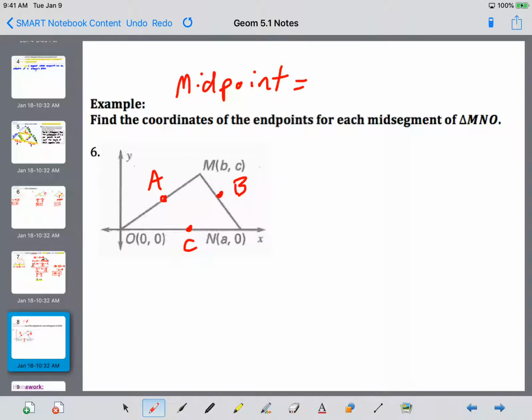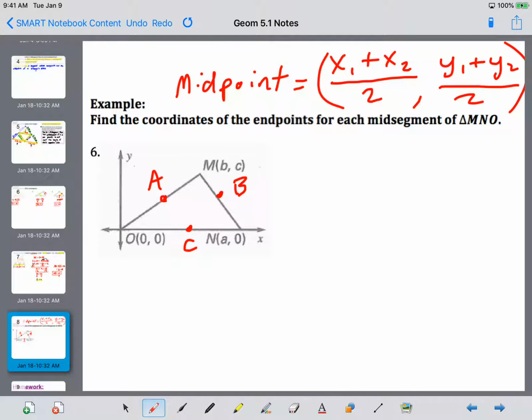All right, so that midpoint formula tells us to take the x values, so we usually say x1 plus x2, and then we divide it by 2, and then we take y1 plus y2 and divide that by 2, and that gives us the midpoint.